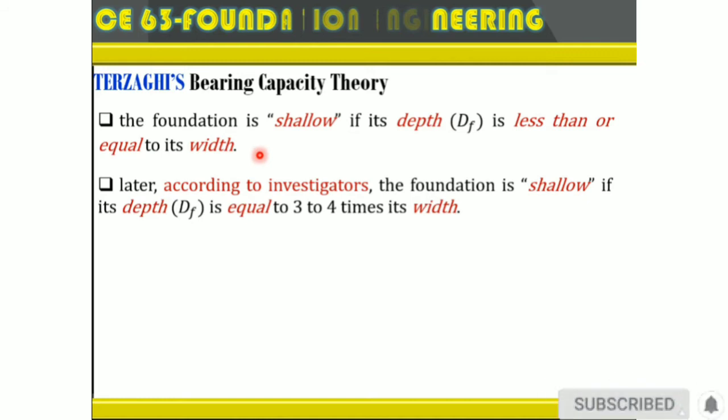But it is also up to the designer, the geotechnical engineer, whether you consider shallow with regard to Terzaghi's concept, or you can also adapt this one, when your depth is equal to 3 to 4 times its width, according to some investigators. And you have your own discretion whether you are going to use the theory of Mr. Terzaghi, or you can also opt to use this 3 to 4 times its width.